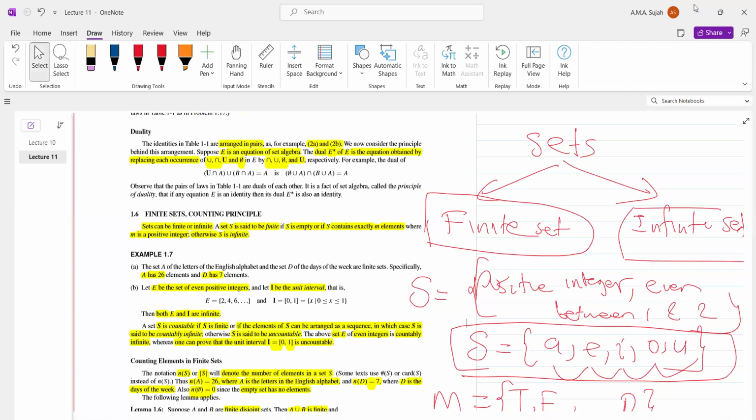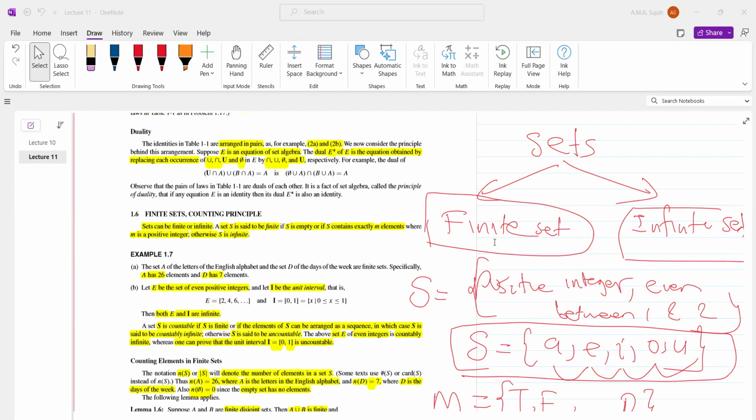Also, if you know a set that has exactly a particular number of elements, right? Integers are an infinite set, right? So if you know the exact number of elements in a particular set, we can say that's a finite set. Similarly, an empty set is also considered a finite set.